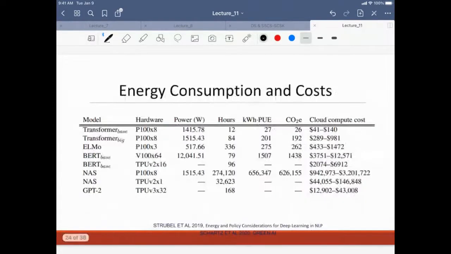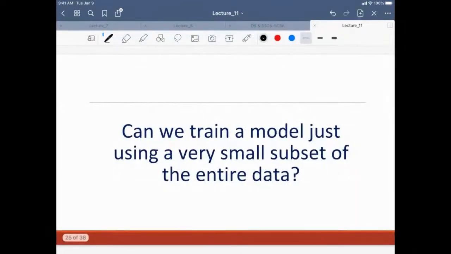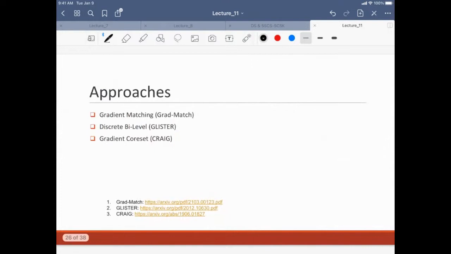One of the motivating applications here is to train machine learning models on a very small subset of an entire data set, so that you can save on energy and time. There are a few different approaches which I'll cover at a very high level.